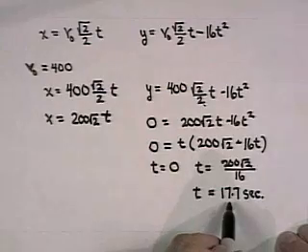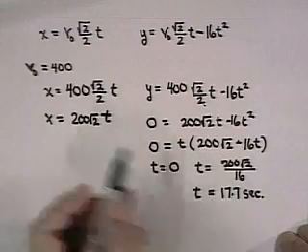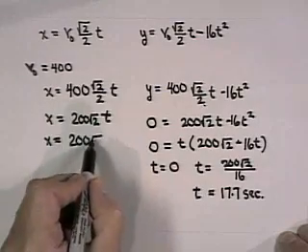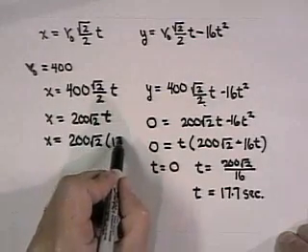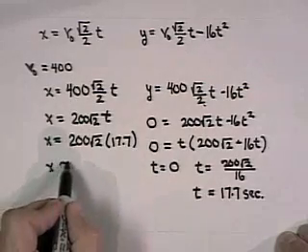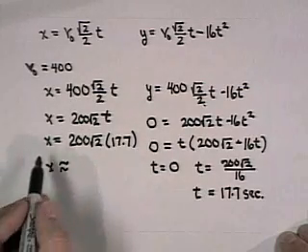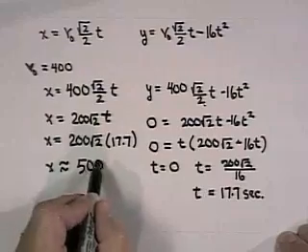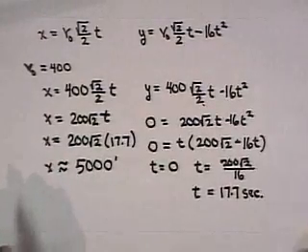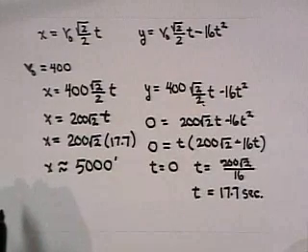Well, we know that it hits the ground at 17.7 seconds, so we better use that. 200 times the square root of 2 times 17.7 seconds comes out to be approximately 5,000 feet from its initial firing point. Our third problem is to find the maximum altitude.